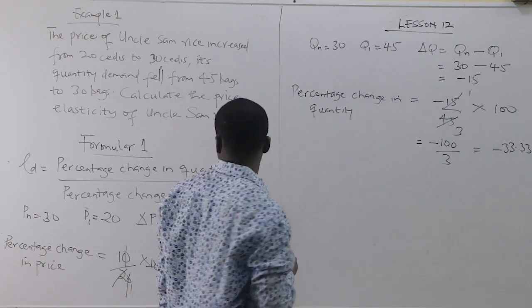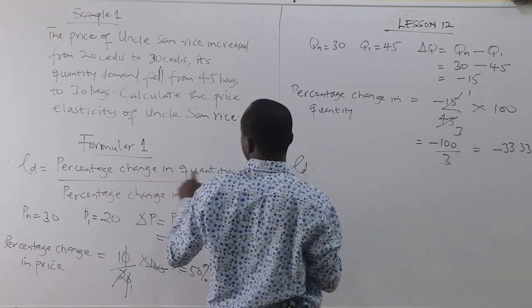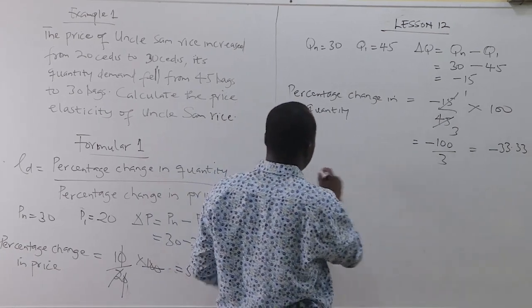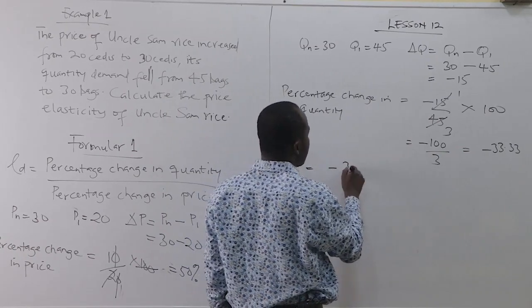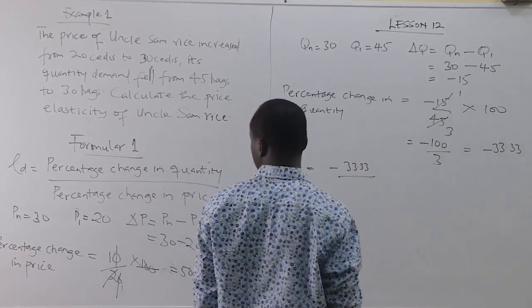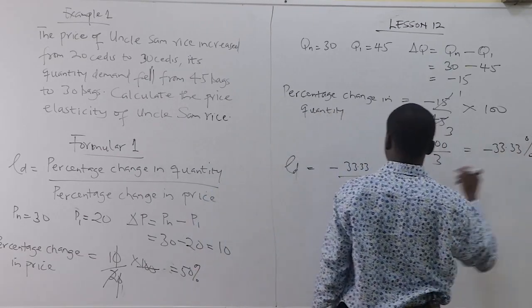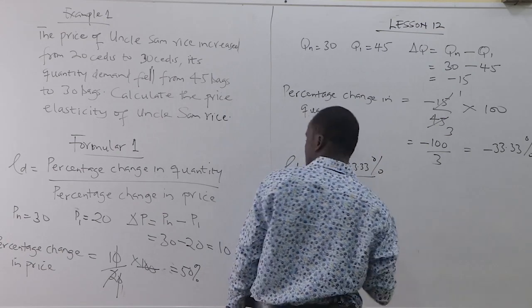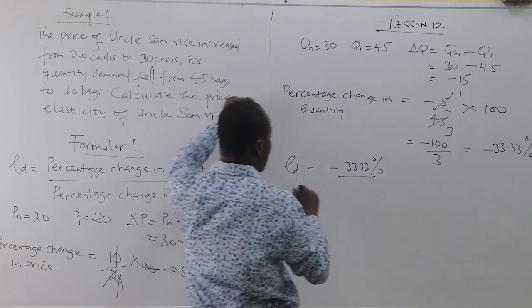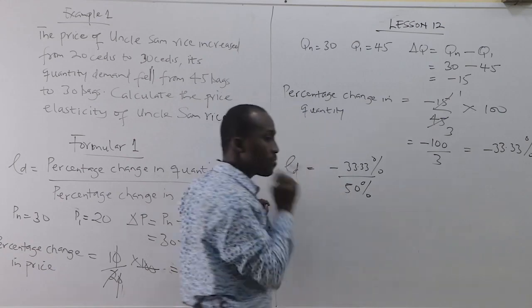Okay, so what's the elasticity? Let's find the elasticity. The elasticity here, as I told you, is the percentage change in quantity demanded divided by the percentage change in price. What's the percentage change in quantity demanded? It's equal to negative 33.3. And what's the percentage change in price? The percentage change in price is 50%. Right?